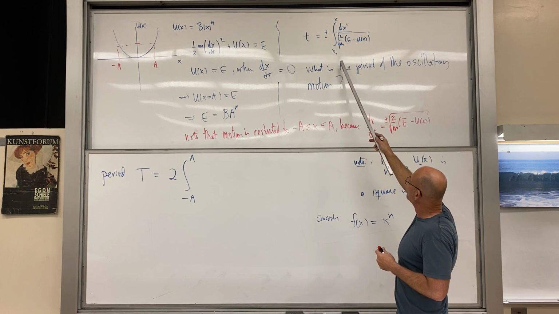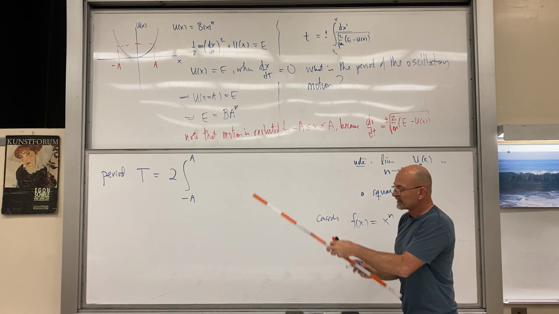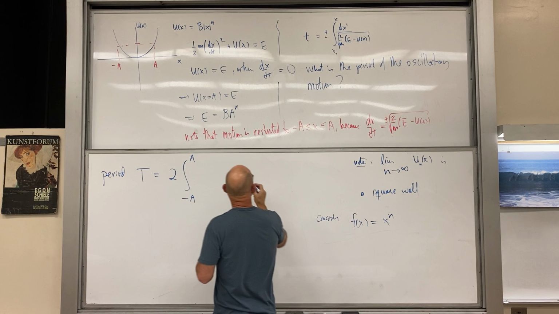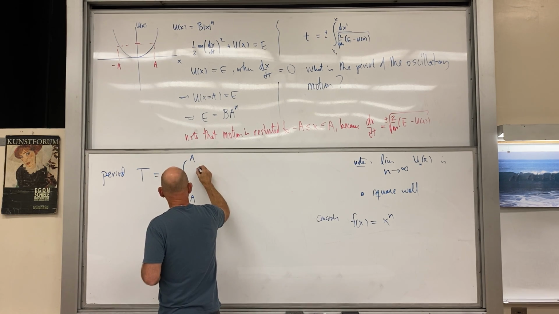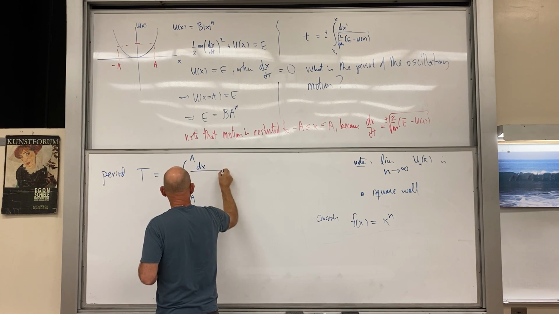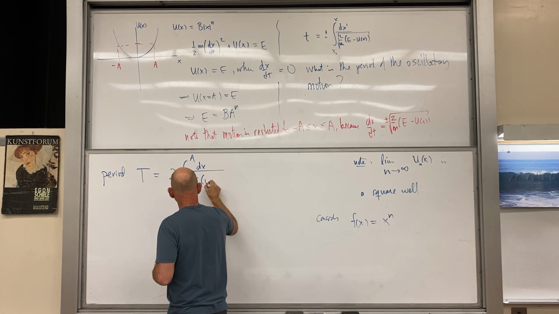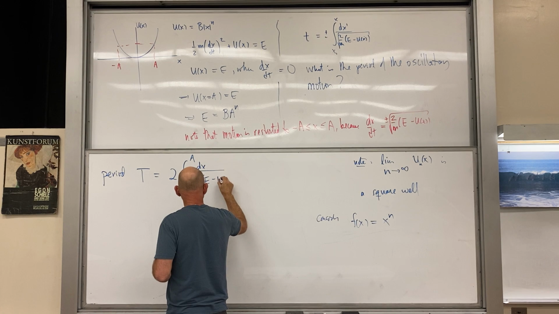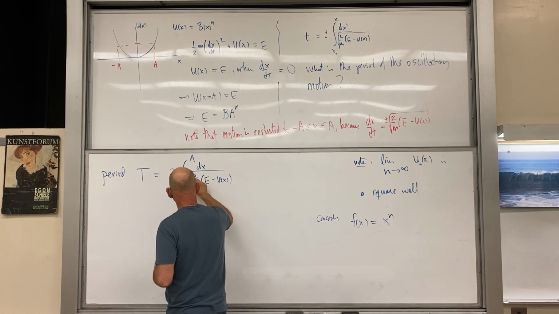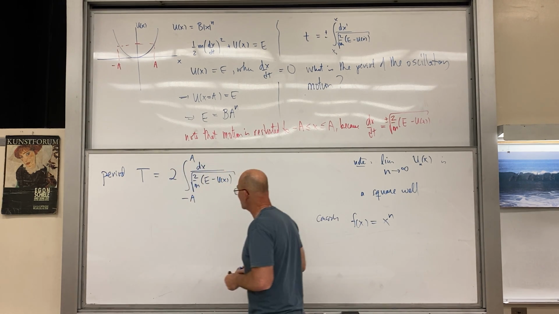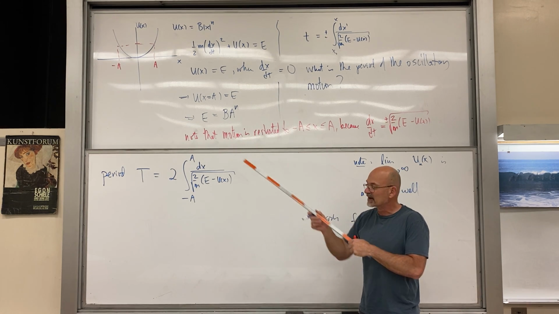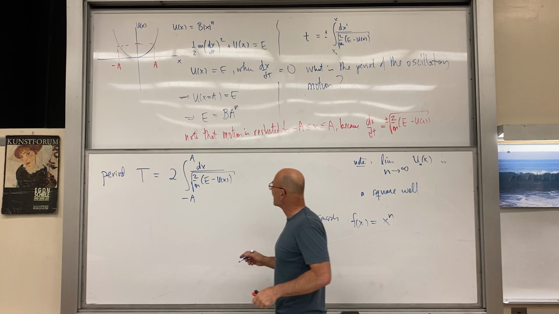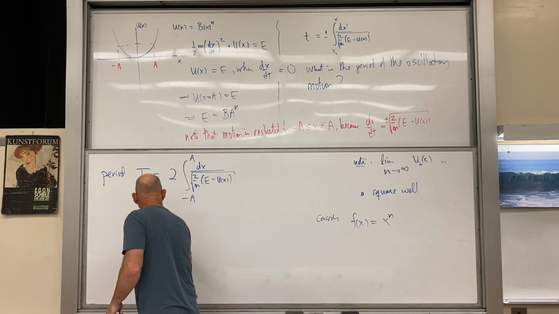But instead of the x0 to x, now we'll say minus A to A of, I'm going to use this general expression, square root of (e minus u of x).